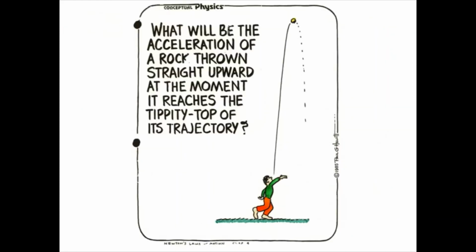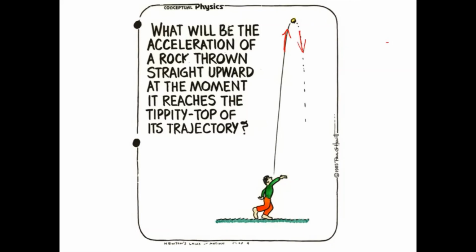Now, we're starting to run out of time for today's lecture, so just backtracking a little bit: what would be the acceleration of a rock thrown straight upward at the moment it reaches the tippity top of its trajectory? What would its acceleration be at that very top point? Hopefully you remember when we talked about this earlier in class: right before the ball's at the top, it is moving upward, and right after it's at the top, it's moving downward.